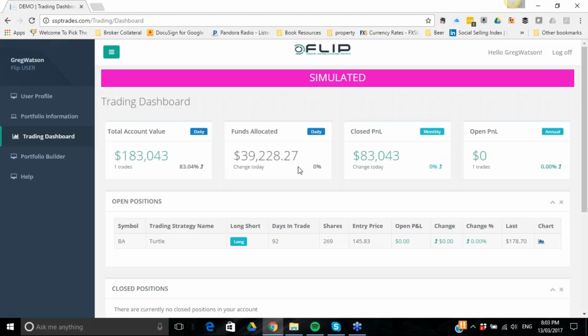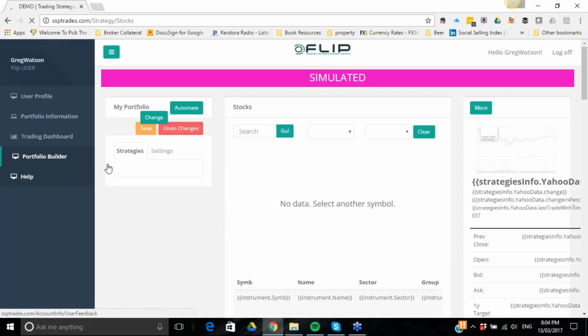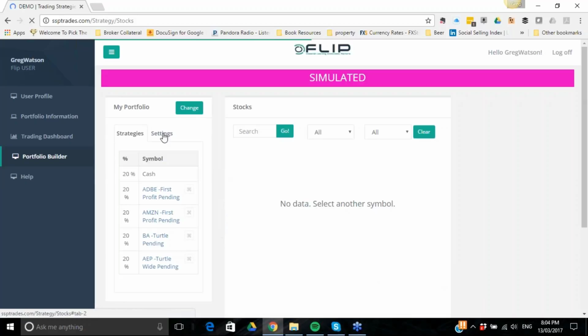Regardless of the time that we started the trader running, it's still performing exactly the same. The stocks that it's in today are the same ones that it would be regardless of whether it started a year ago, 3 years ago or 10 years ago. I'm going to go back to the portfolio builder again, and flick this back to 3 years.